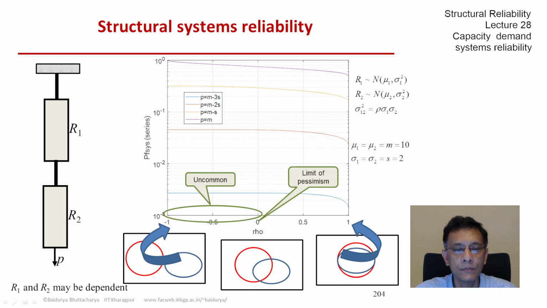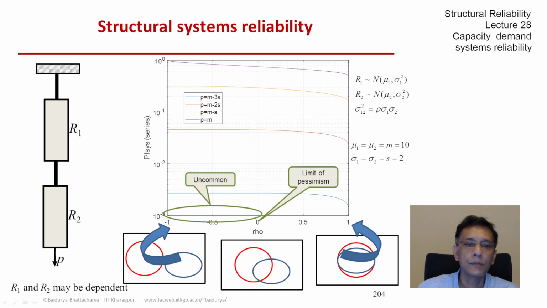Although technically speaking we could go for rho -1, but as I said, no dependence, if we do not know anything else about the two random variables here, would be the most pessimistic, the most conservative situation. And why conservative? Because, as you see, in each case, rho equals 0 gives rise to the highest possible value of PF_sys in each of these cases compared to all other values of rho.